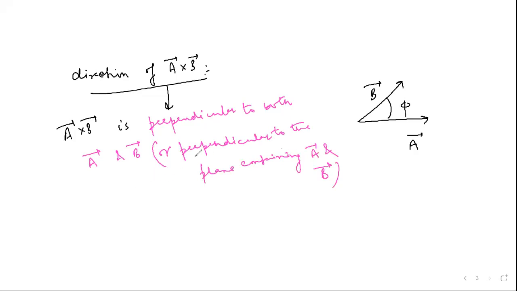So the direction of A cross B is perpendicular to both A and B, or I can say it is perpendicular to the plane containing A and B.